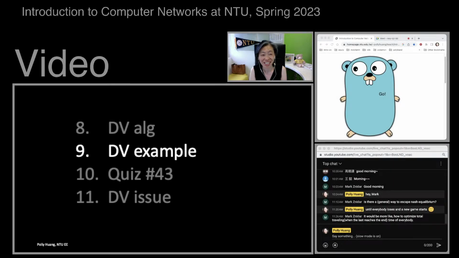All right, so it was quite a long video, but you see that in the end, the key idea is just that each router collects distance vectors from the neighbors and does the Bellman-Ford equation. In case there's better information, it happily tells the neighbors back about this information.